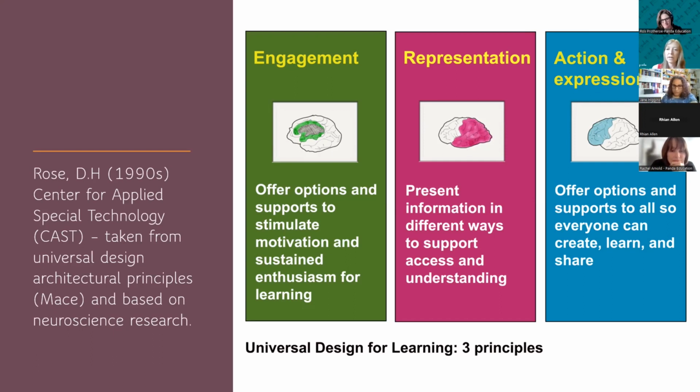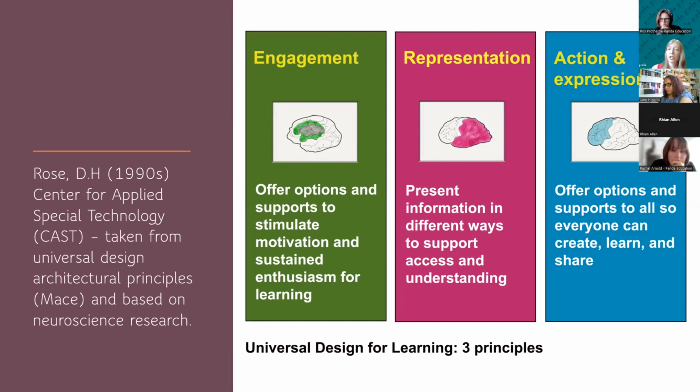And then there's a similar process and principles for the other two as well. Engagement is the start of it, how you're drawing people in, and then representation. That's how you're giving information over to people to help them with their learning. So you offer different methods. It might be a video, something to read, something spoken, something you act out. Again, it's all about choices and different methods.